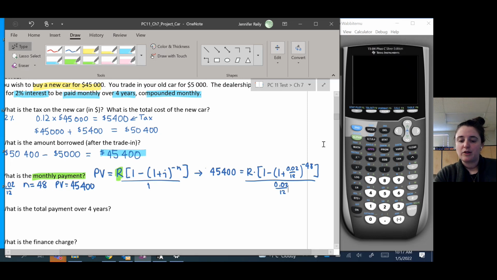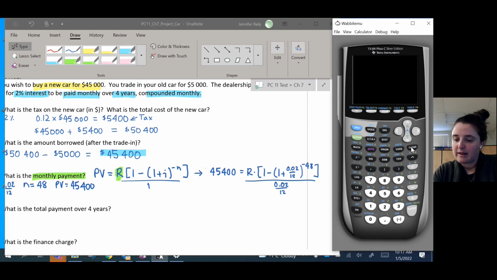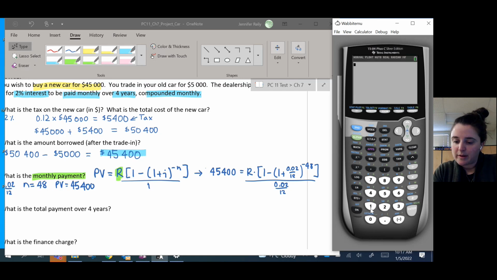So the first thing I'm going to do is just evaluate this whole right-hand side, this big ugly fraction. I'm going to do the numerator first and then type in the denominator second. So you'll see that on my calculator here. I'll type this in just as it's written: 1 minus (1 plus 0.02 divided by 12) to the power of negative 48, bracket.